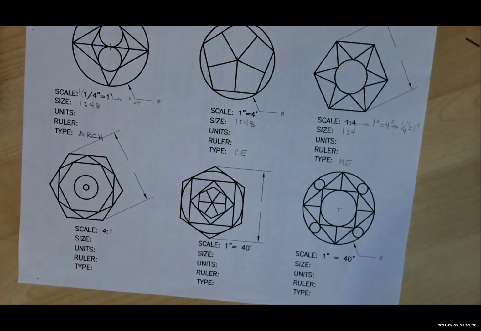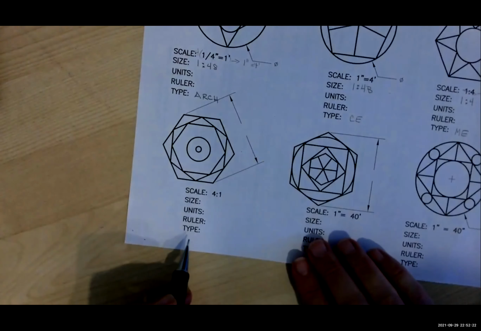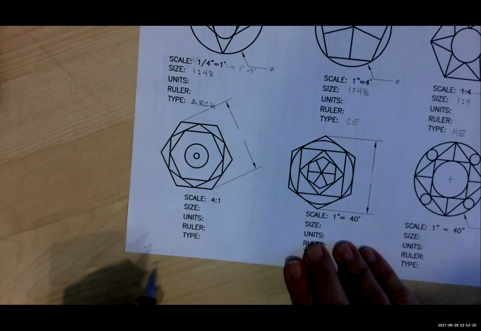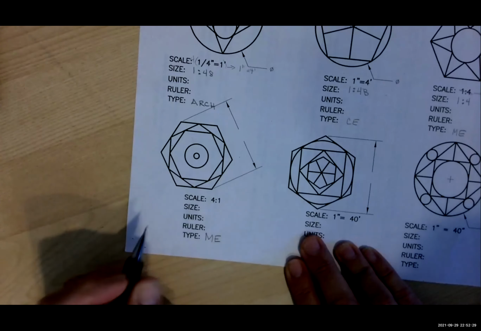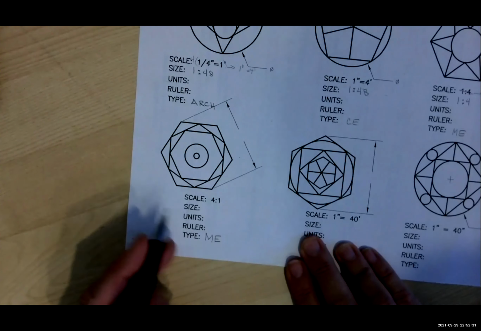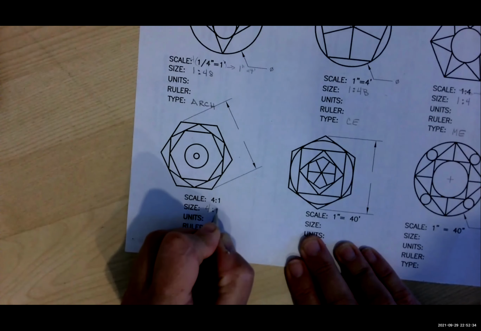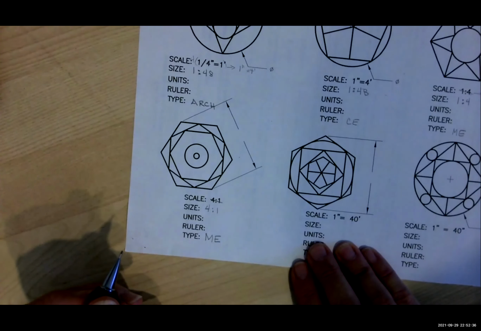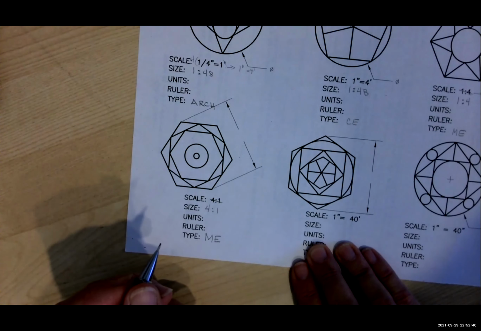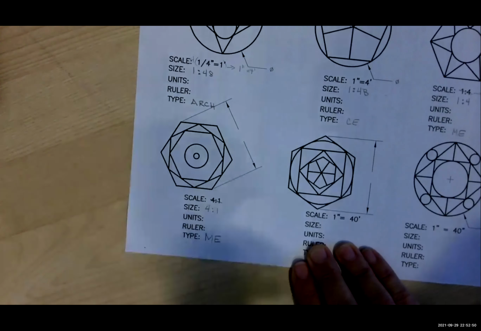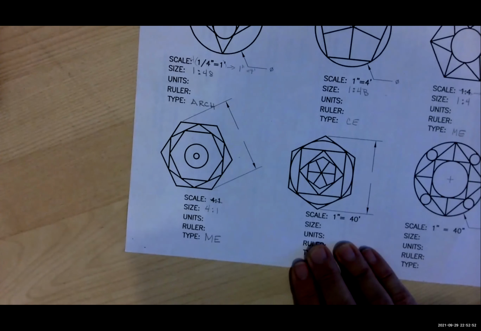Great. Okay, Brian, this one. What kind of scale is it? Mechanical as well. Right. And they actually have it written as the size already, right? Yep. So if we wanted to write it as a scale, what can we write it as? 1 inch equals 4 feet, I think.